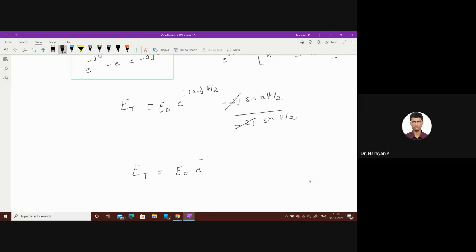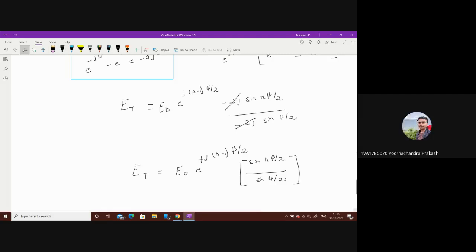So I can rewrite this as e power plus j n minus 1 psi by 2 into sine of n psi by 2 divided by sine psi by 2. Clear? Yes, sir.